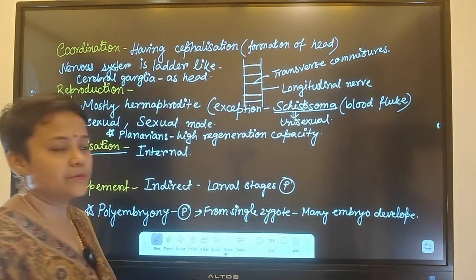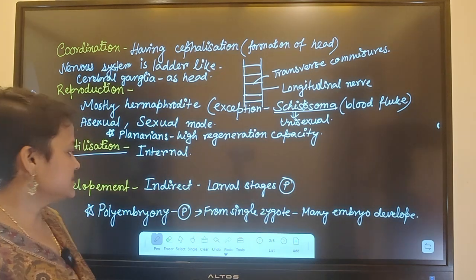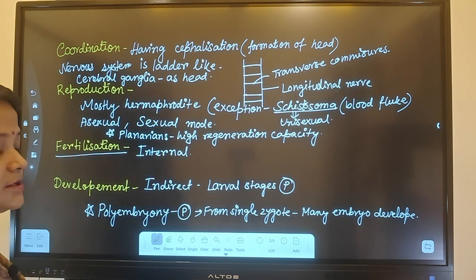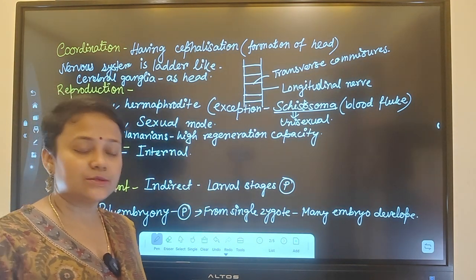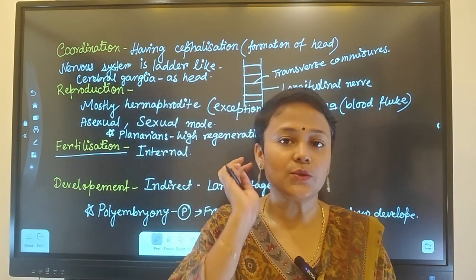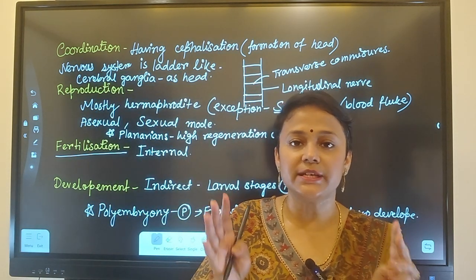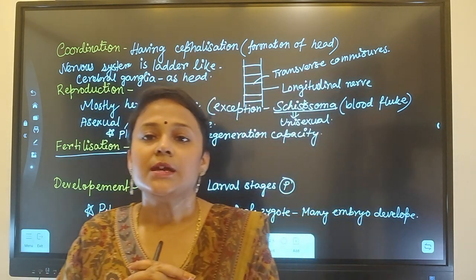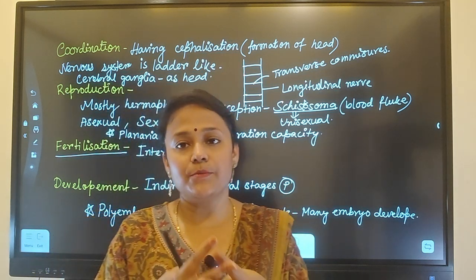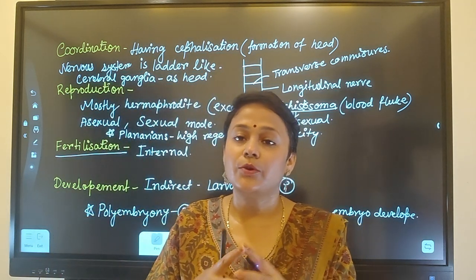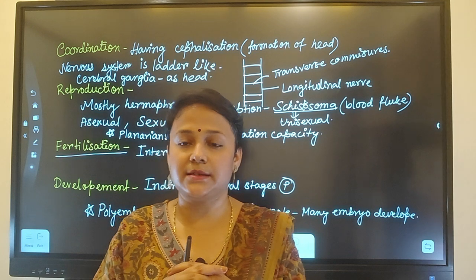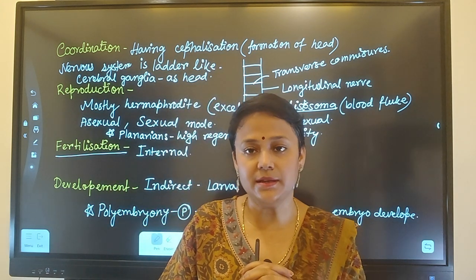So this is all about the platyhelminthes. Mostly they are called flatworms. Flatworms means their body is dorsoventrally flat. They are mostly endoparasitic, and some of them are free living. Their body is triploblastic, but they are acoelomate, right?